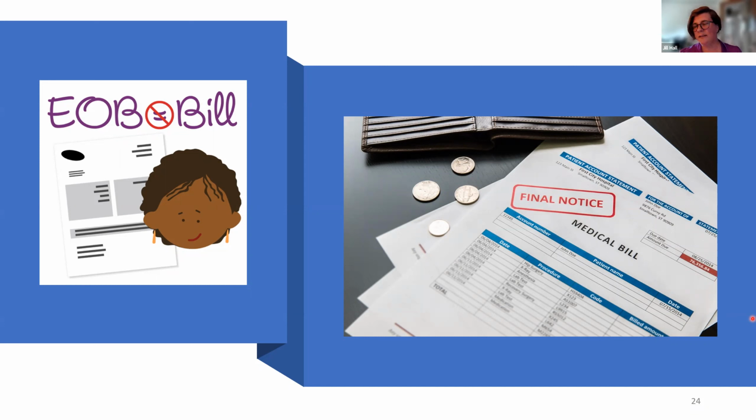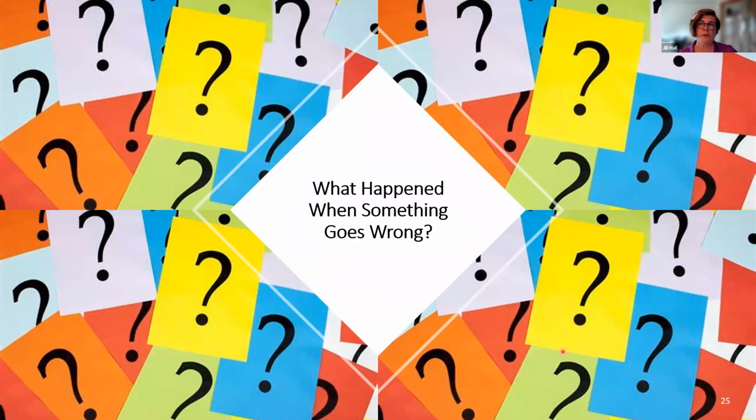All right, so the last thing I'd like to say is, what do you do if something goes wrong on an insurance claim or your EOB? When problems or discrepancies come up on your EOBs, you will most likely need to take it up with both the doctor's office and the health plan. If those 2 steps don't resolve the issue, or you believe you've been given incorrect information and you need help, call the Office of the Healthcare Advocate.